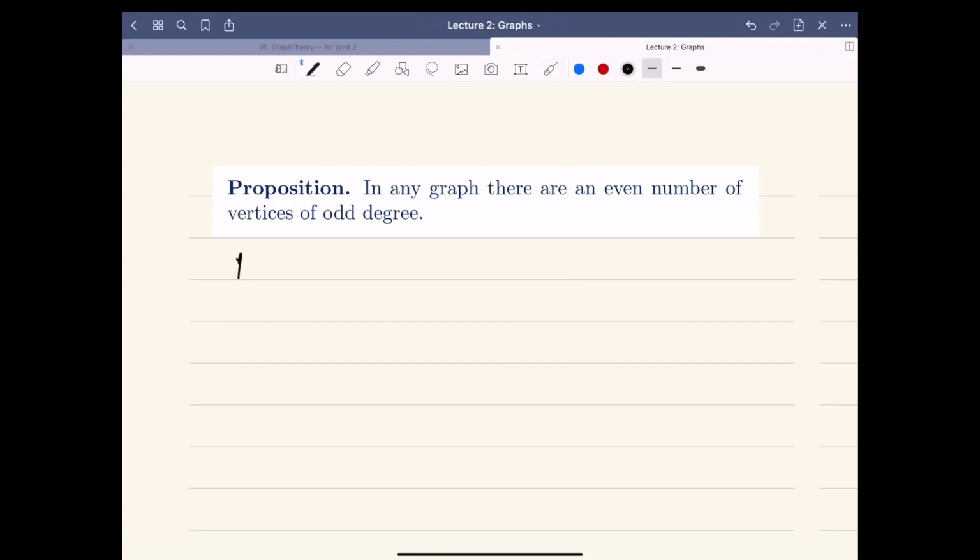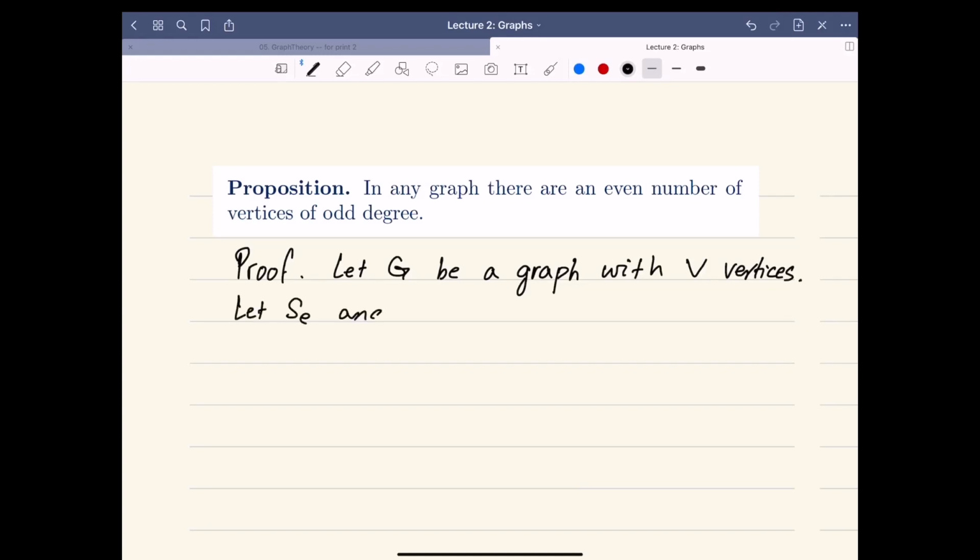We will start the proof by first defining: let G be a graph with V vertices, and also let SE and SO be the sum of vertices of even and odd degrees.